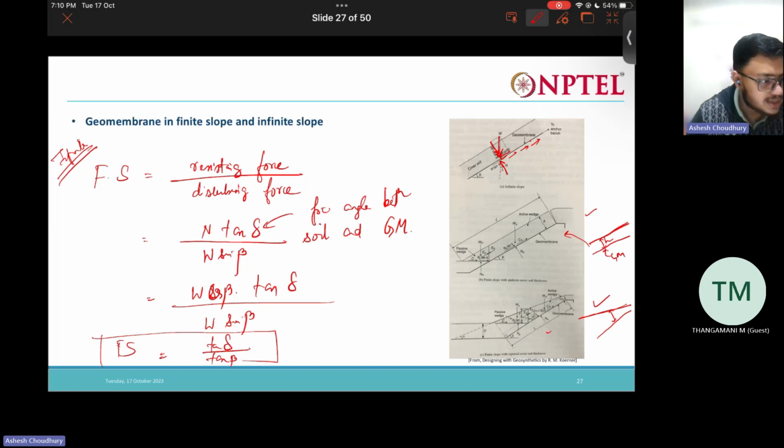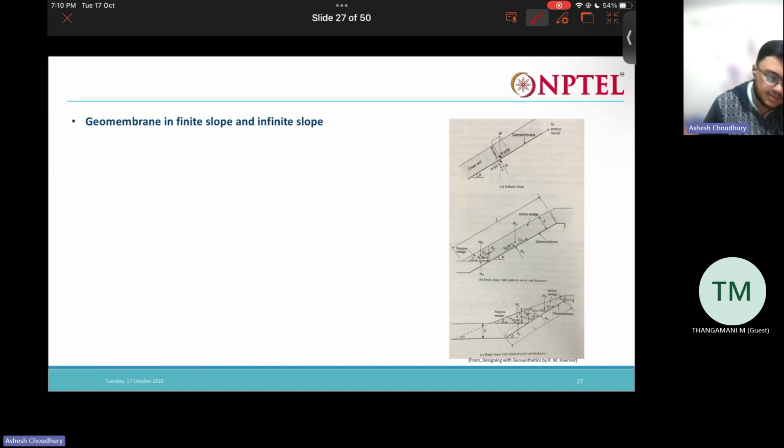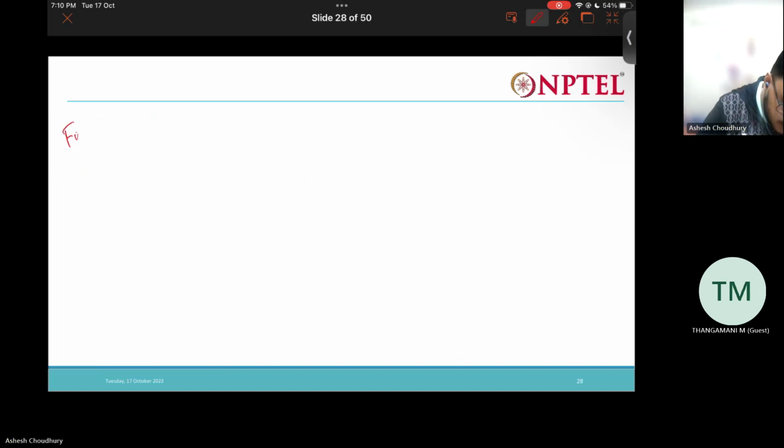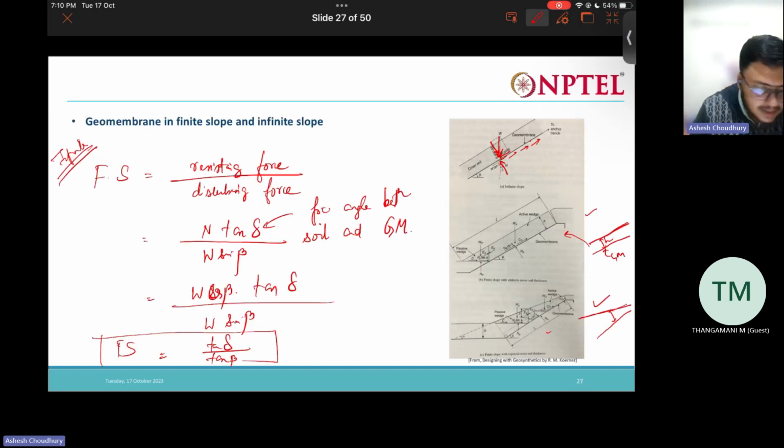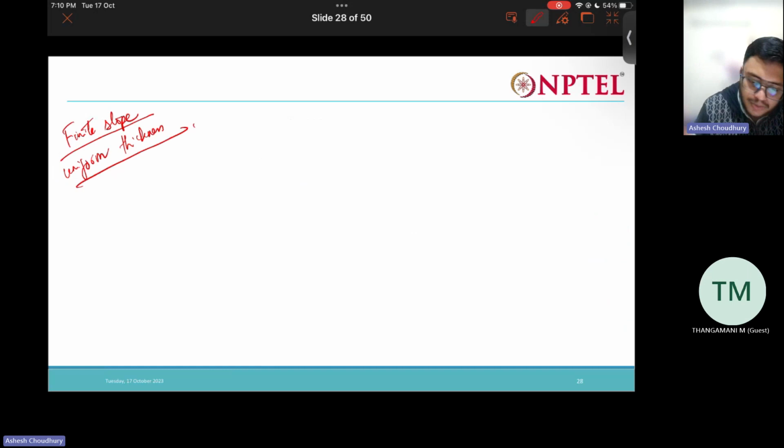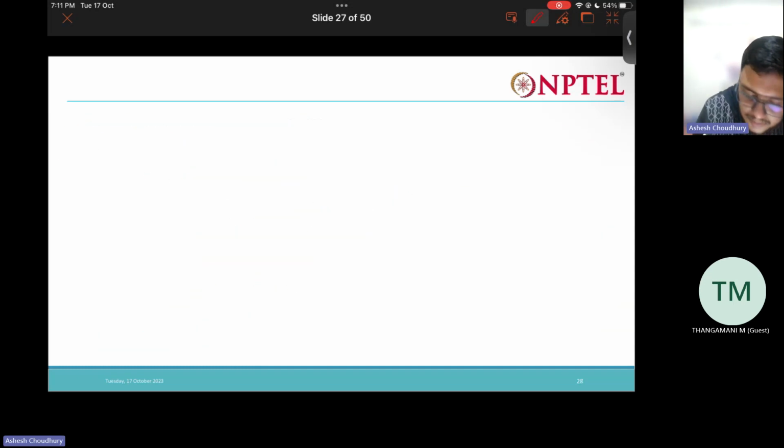So for these two cases, I will give you the formulas. For the first case, finite slope and uniform thickness, this is the slope.